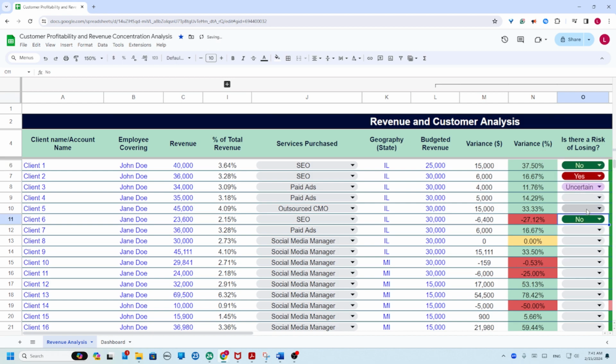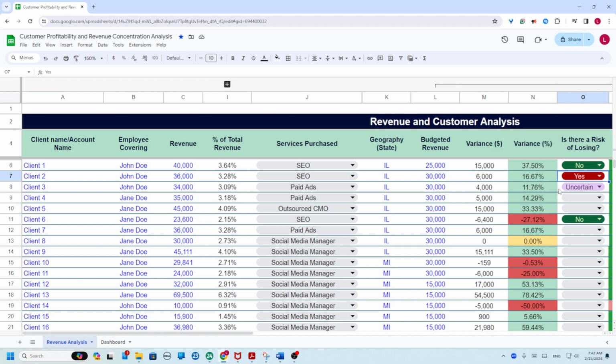Right? For any client that I respond to no, right? I have a high confidence that in the foreseeable future, they're still gonna remain in the firm. We're still gonna be generating revenue from them. Therefore, compared to the lifetime acquisition cost, I'm still in a good place with this client. But for any client that I say yes, that the risk of losing them is very high, right?